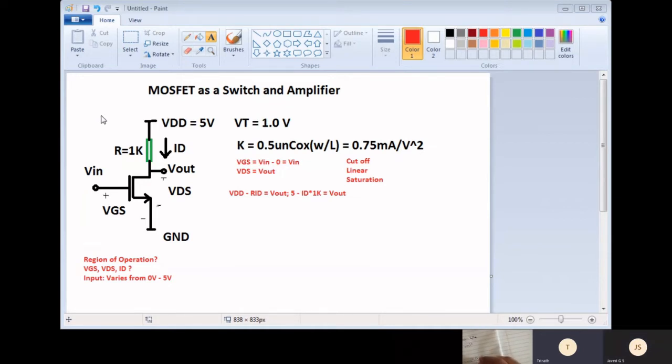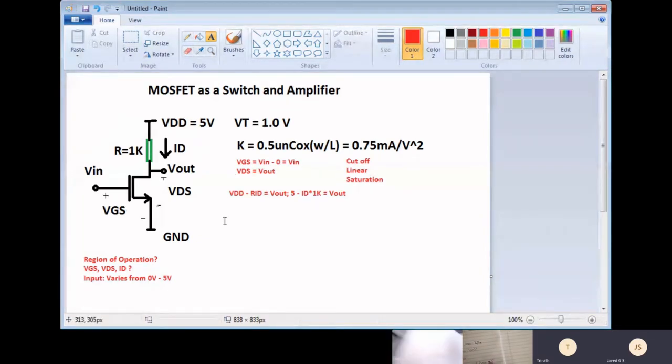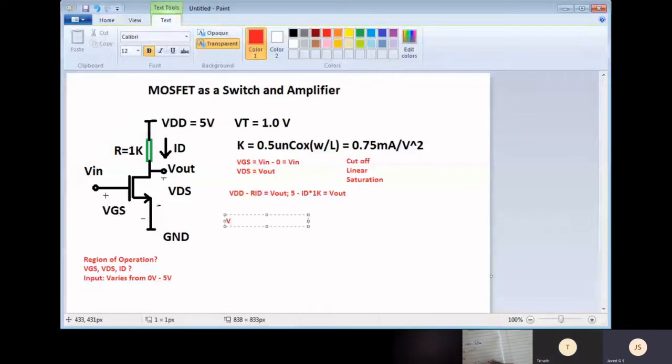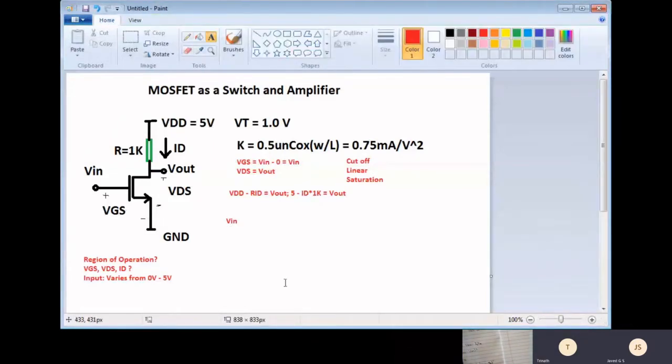Sorry, if Vi is greater than 3 volts, okay, then it will be in saturation. And if it's less than 3 volts, how did you get that?